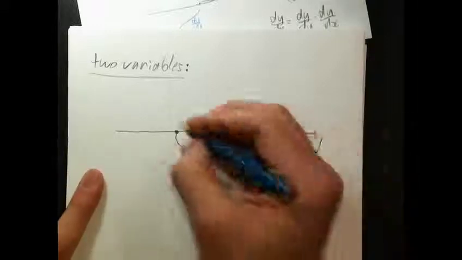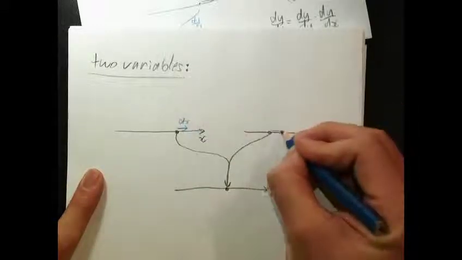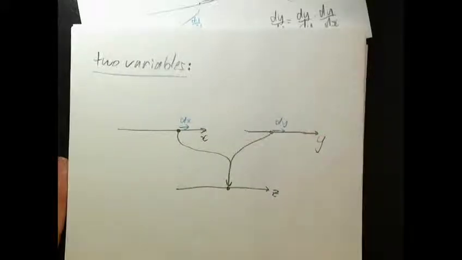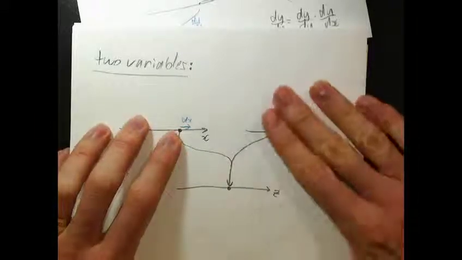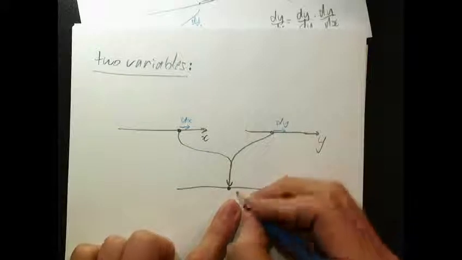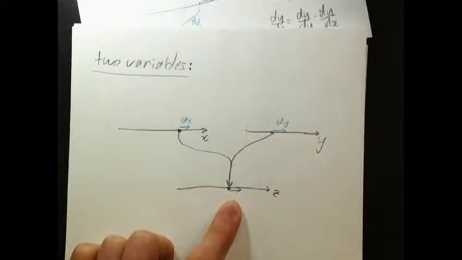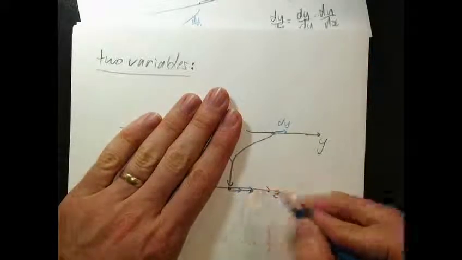So let's think about this. We might move the x by this much and move the y by this much. And the idea that we're going on is that this change in x will, if I kept the y as it was, this change in x would cause a little change in z. And if I kept the x the same, the y would cause a little change in z as well.